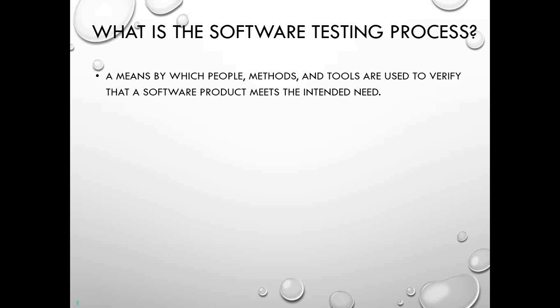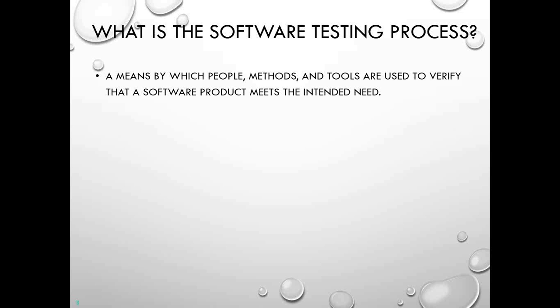Let's assume I am working at McDonald's, and whatever application McDonald's is using is working the way I am expecting. That means the testing process is successfully working; the software which McDonald's is using was tested successfully. Whereas if I find some hiccups, some issues with the system, that means the McDonald's application is not fully functional.